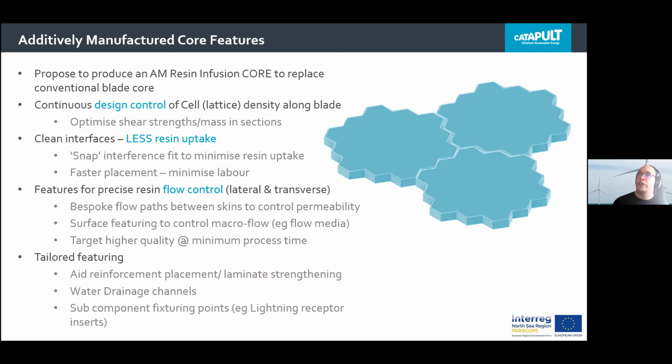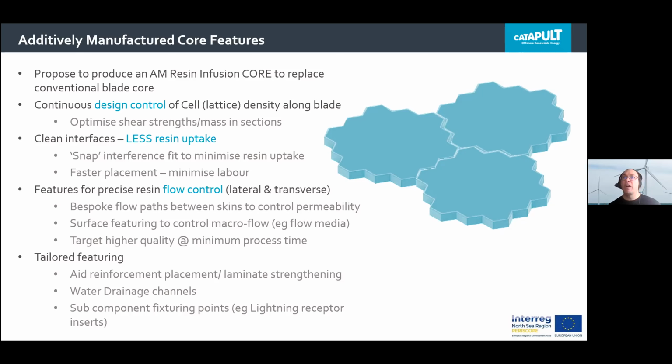So whether it's an internal labyrinth of channels required and how they interconnect for vacuum to be expressed through the top skin and the bottom skin, that's a major point which has to be considered in this approach.